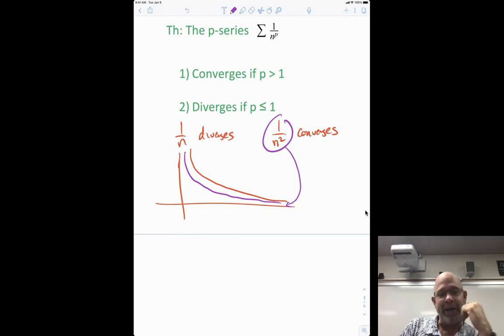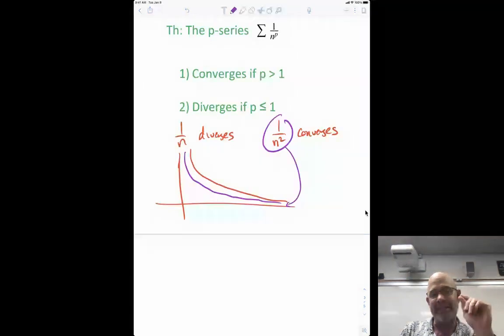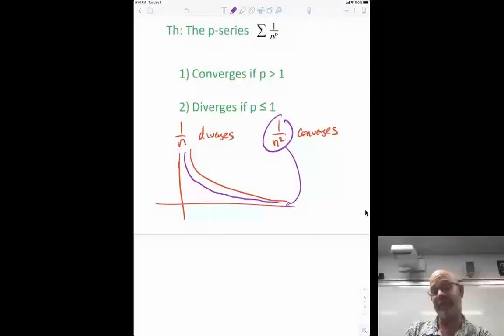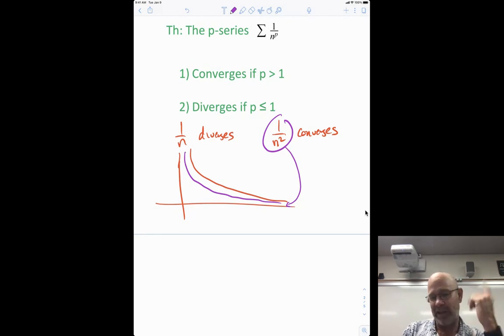So the way I think about this is the purple one is approaching the x-axis faster, meaning it's getting smaller faster. So we need something to get smaller faster to be able to converge. If it gets smaller slowly, then it's going to add up to infinity. But if it gets there fast, it's going to converge. It's kind of my thought process.